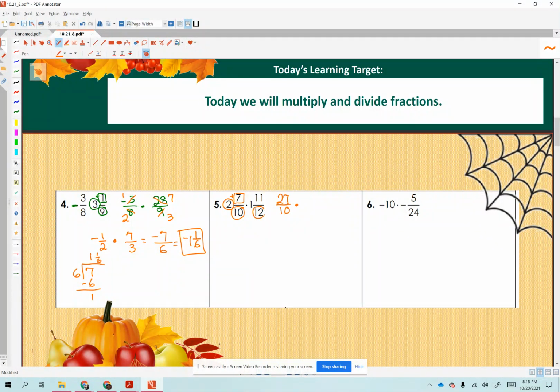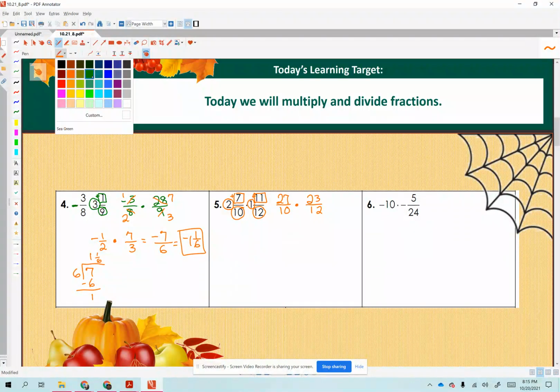Times 12 times 1 is 12, plus 11 more is 23. So we have 23 tenths, or excuse me, twelfths. So we can reduce that because 12 and 27 are both divisible by 3. And we cannot simplify the 10 and the 23. 23 is a prime number.